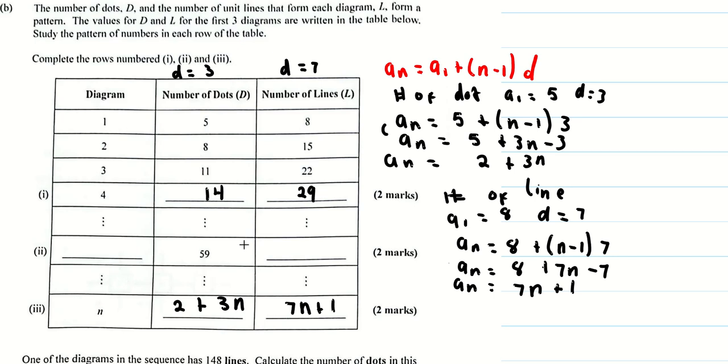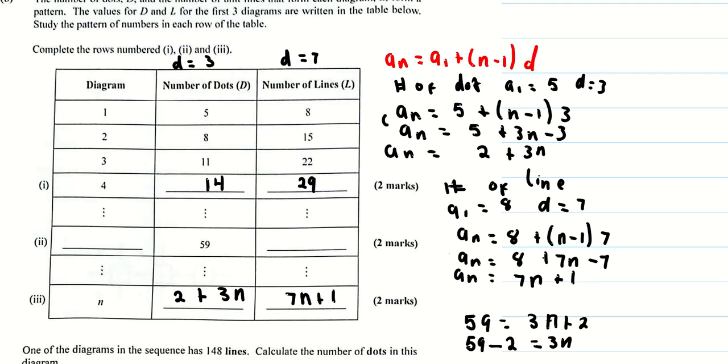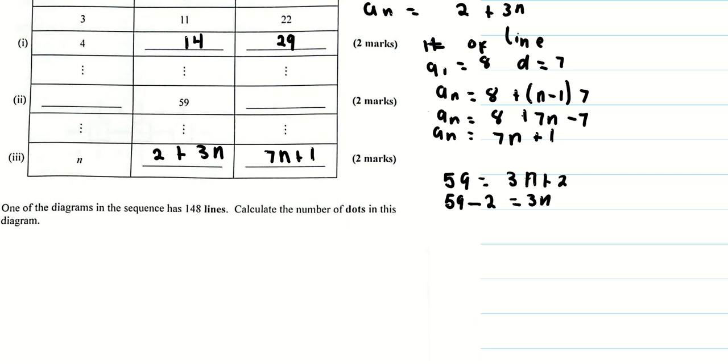Part 2 says when the number of dots is 59, what is your diagram? Right, and in other words, what is n? So we will say 59 is equal to the formula 3n plus 2. So that's 59 minus 2, or subtract 2, is equal to 3n. 59 minus 2 is equal to 57.